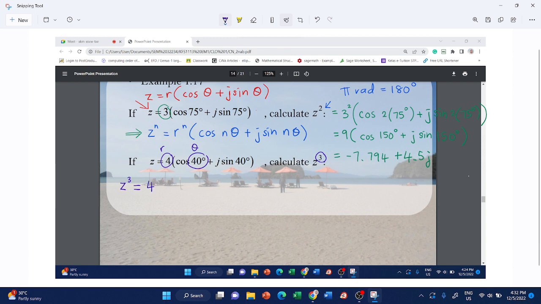We have 4 to the power 3, then cos 3 times 40 degrees plus j sine 3 times 40 degrees.